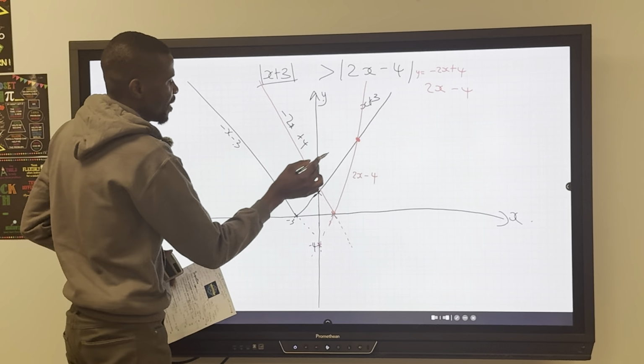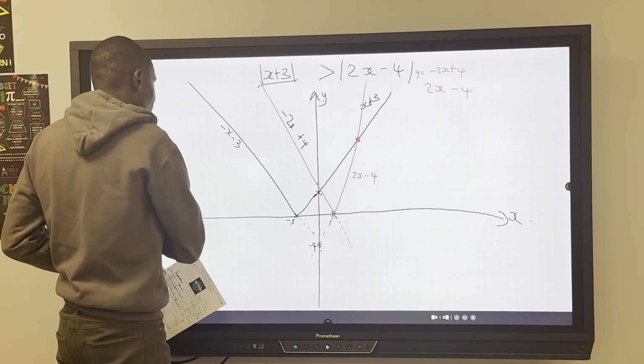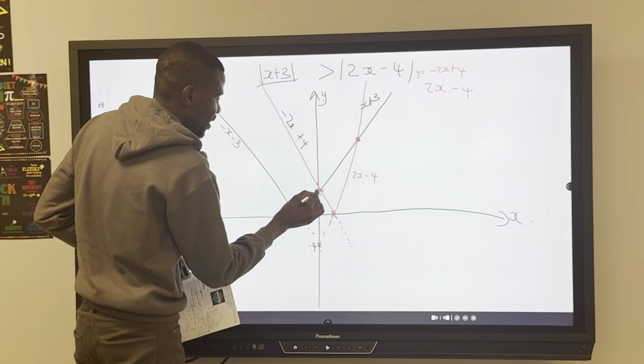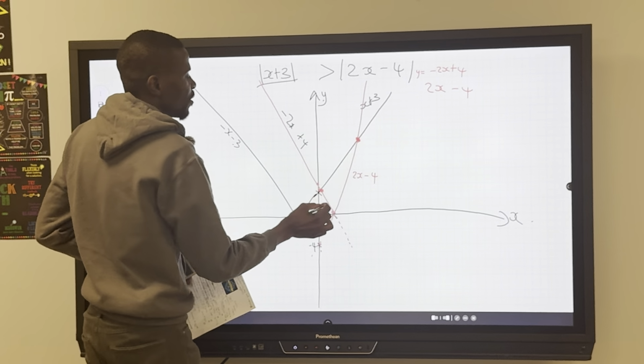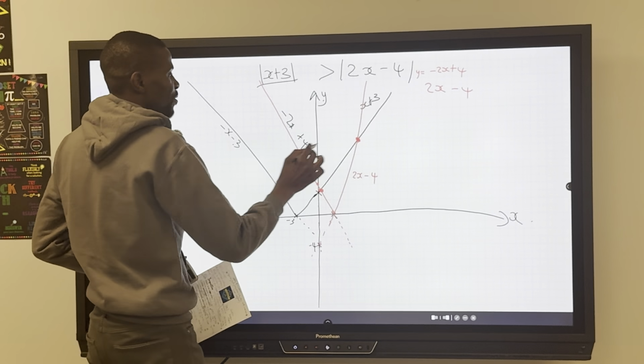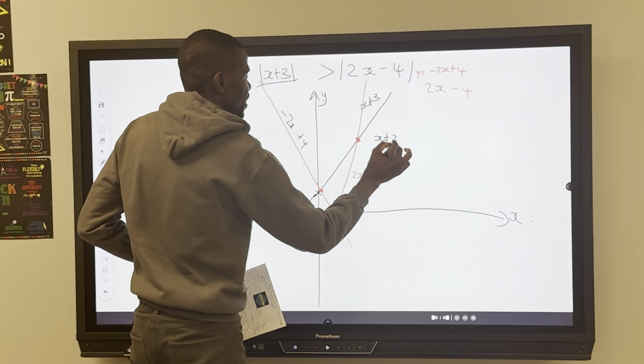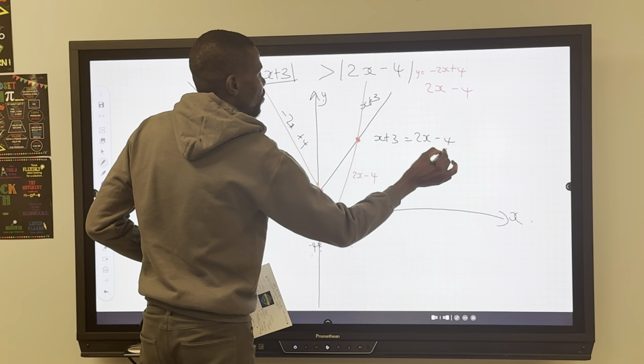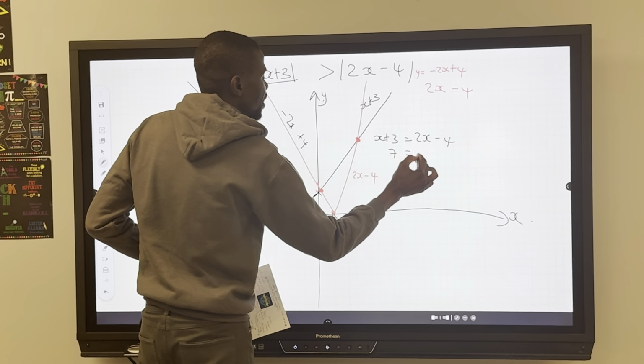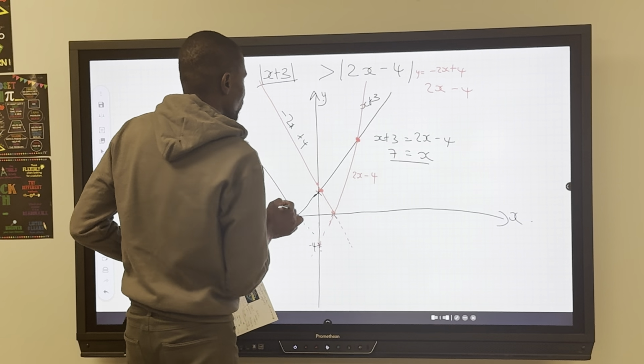But as you can see, these graphs are only intersecting at 2 points, which is this point here and that point. So we need the critical values. So to get the critical values, here we say x plus 3 equal to 2x minus 4. 4 plus 3, that's 7. So we have x equal to 7.